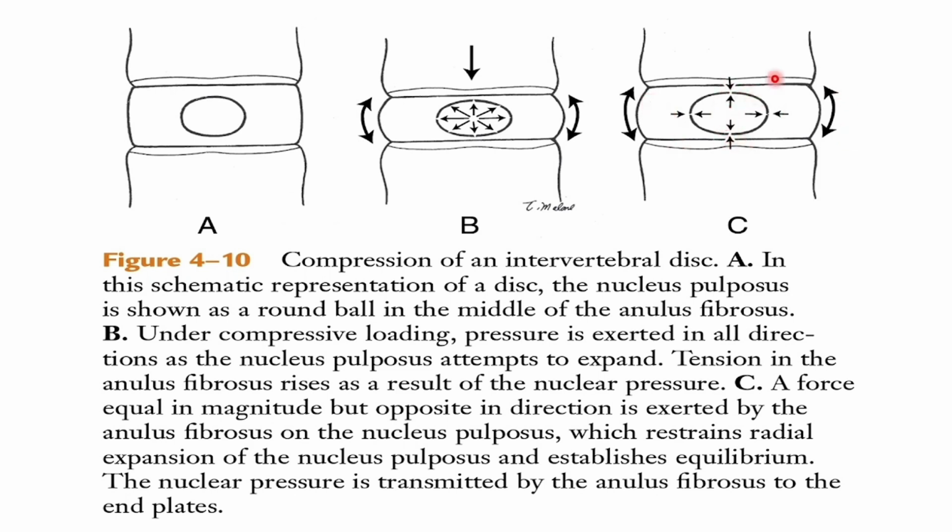So by this, there will be a formation of an interaction pair. The exact amount of force given by the nucleus pulposus, the exactly opposite force will be given by the annulus fibrosus as well as your vertebral end plates. So finally, this will attain a state of equilibrium. This phenomenon forms an interaction pair to maintain the intervertebral joint in a state of equilibrium during your axial compression.